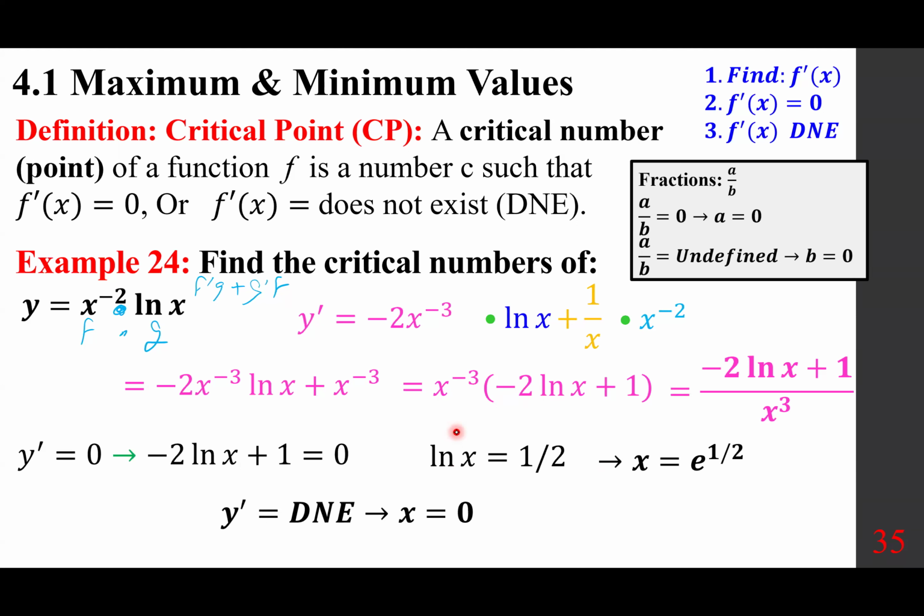Y prime does not exist. That means the denominator is 0. That means x equals 0, but it can't be. Why is that? When we go back to the original function, this is ln x over x squared.